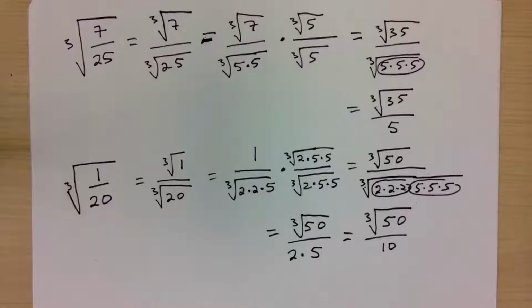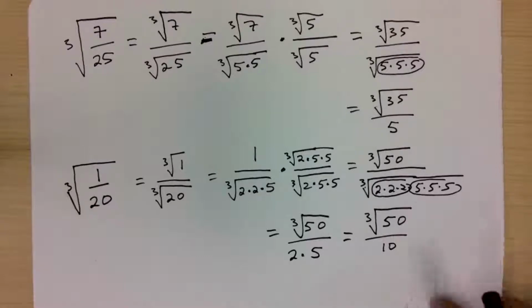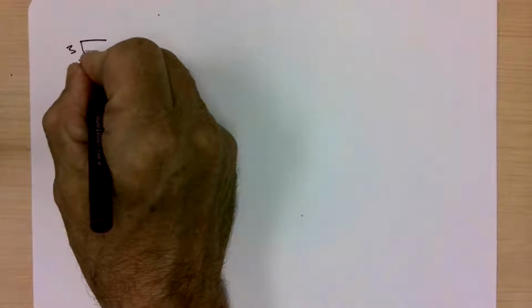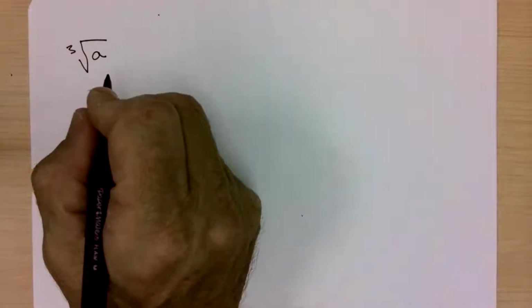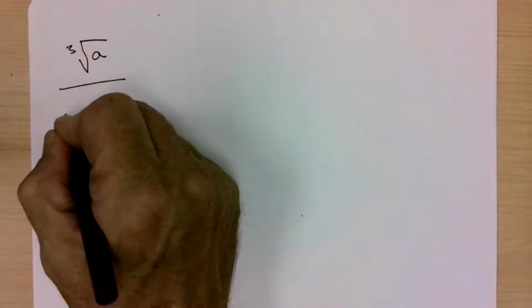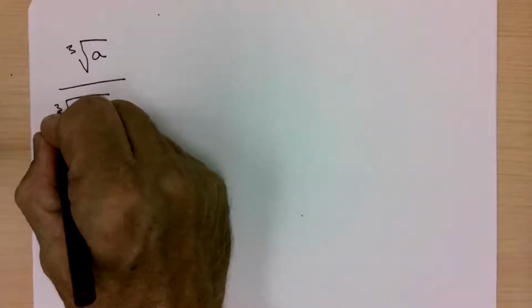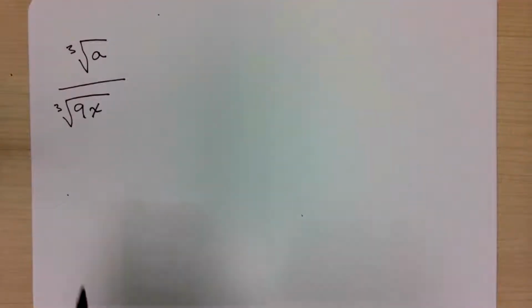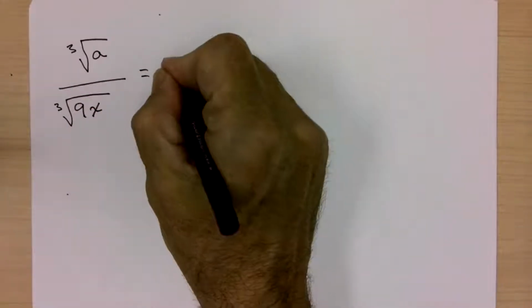Okay, let's continue with the cube root discussion. If I have the cube root of a over the cube root of 9x, it'll be a very similar problem to the one that we just did, except we have variables this time.